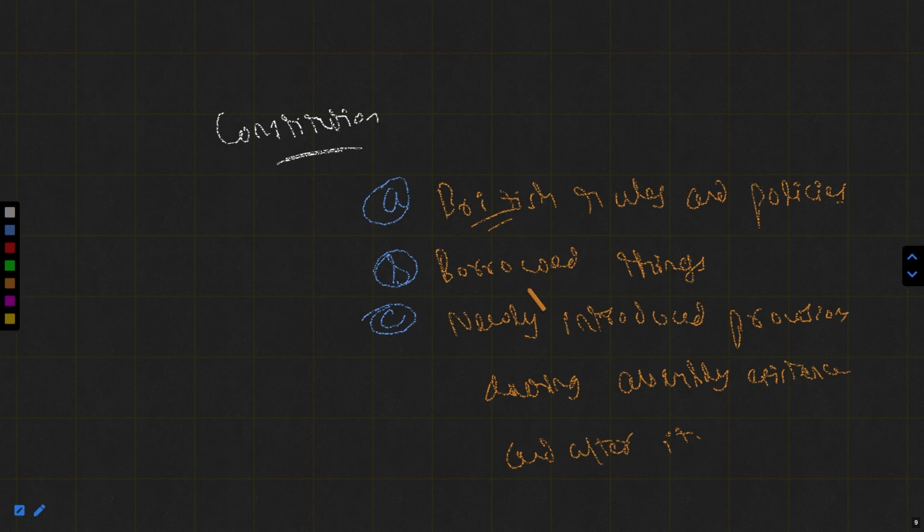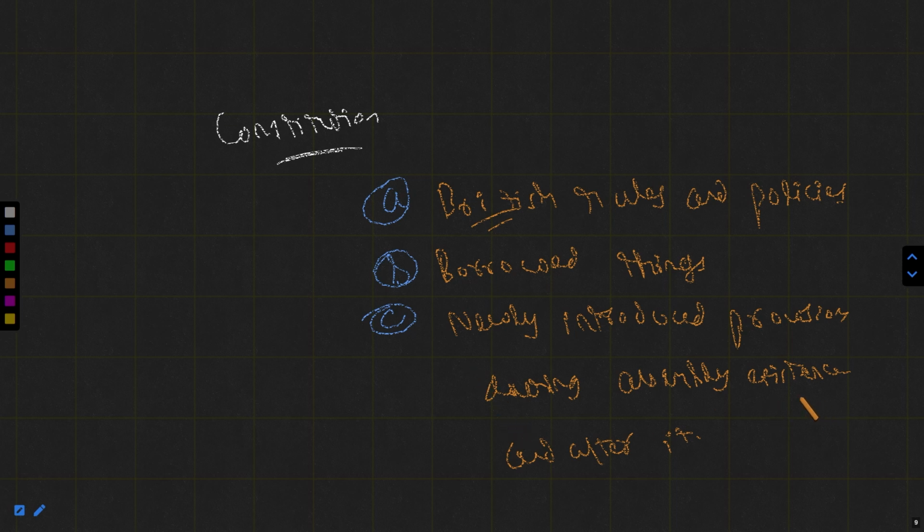Got it? Thereafter, second thing, we have the borrowed things. Apart from British rules and policies, we have borrowed some provisions and policies of foreign constitutions. About this we will have a discussion in the upcoming lectures. Third is the newly introduced provisions during assembly existence.